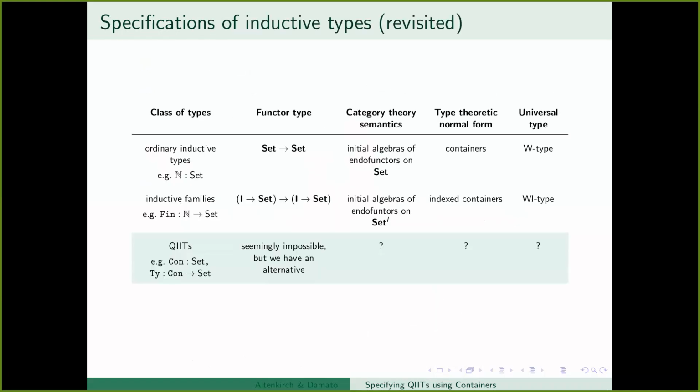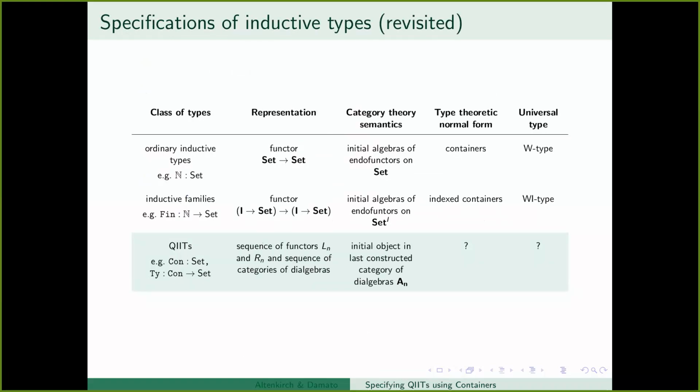So now, thanks to this process, we can go back to this table and fill in some of the question marks. So now we have a representation for quotient inductive types as a sequence of functors Ln and Rn, one for each constructor, and also a sequence of categories of dialgebras. And we also have category-theoretic semantics.